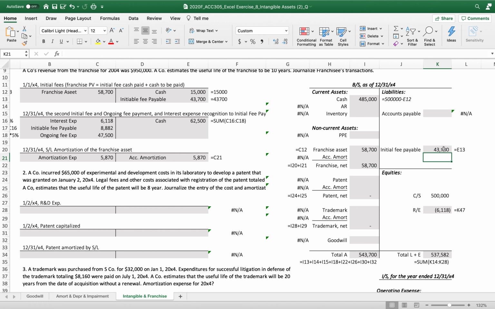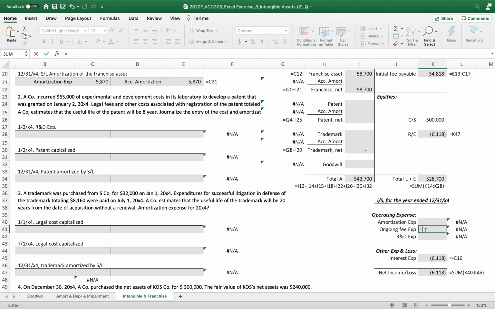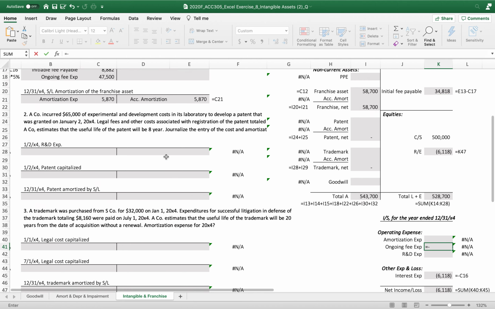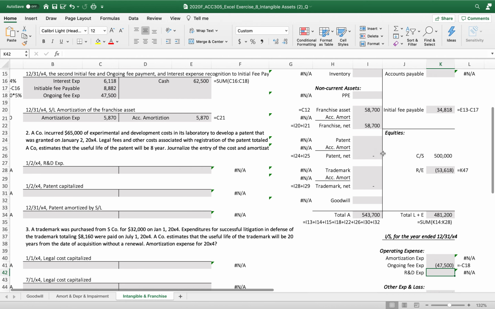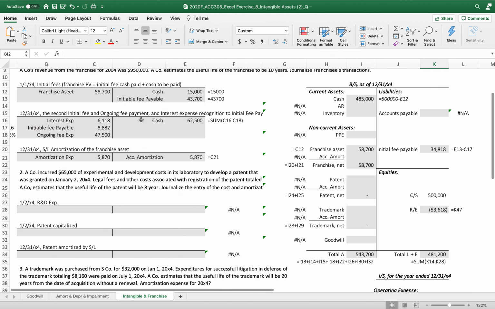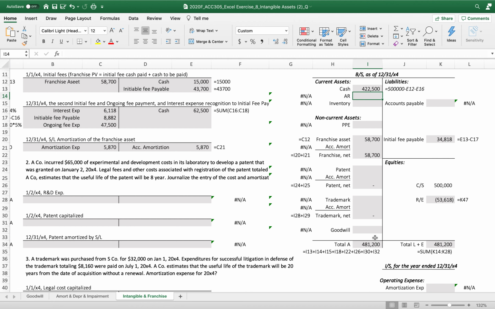Then the initial fee payable is reduced by the principal of the first year. And then the ongoing fee expense, here we go, that is now minus 47,500. And finally, the cash out in total 62,500. So we matched out between total assets and total liabilities and equity.